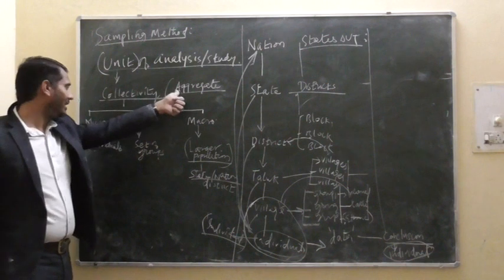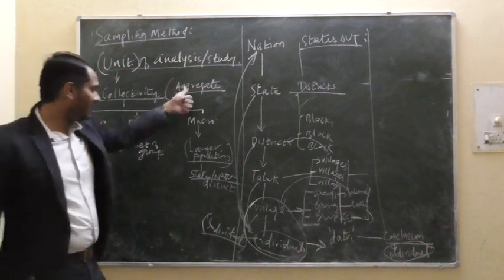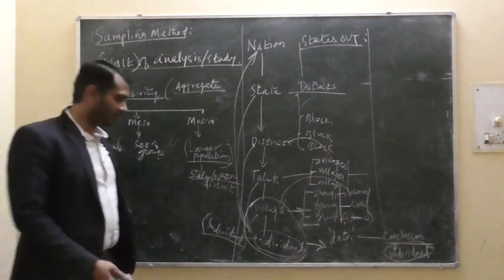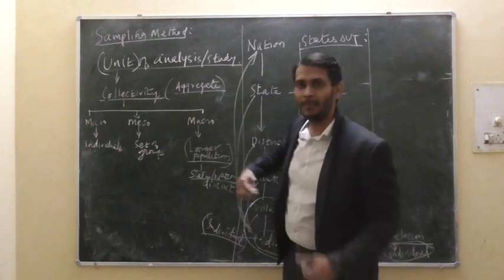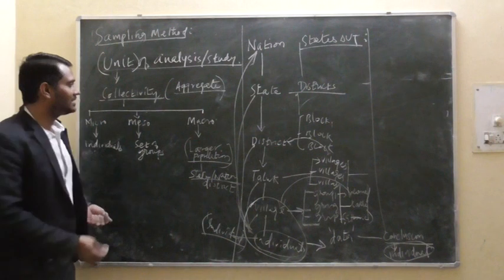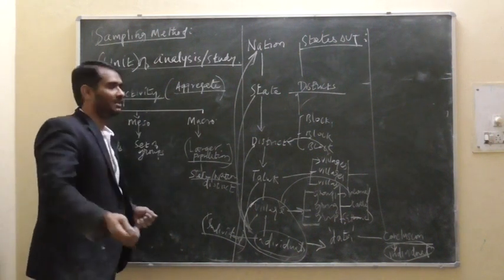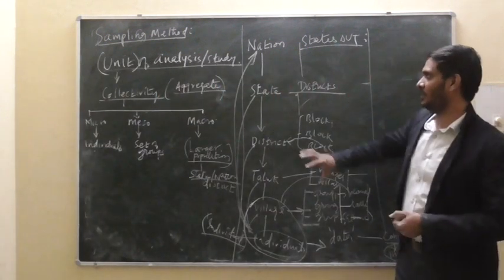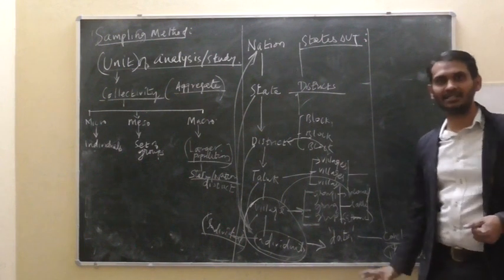You are trying to look at the aggregate in terms of individuals, aggregate in terms of groups, or aggregate in terms of larger populations. Suppose your data is not able to project the aggregate's point of view, that means it's more a kind of scatteredness. That means there is no representativeness of the information. So please check all these aspects when you are doing the analysis part.